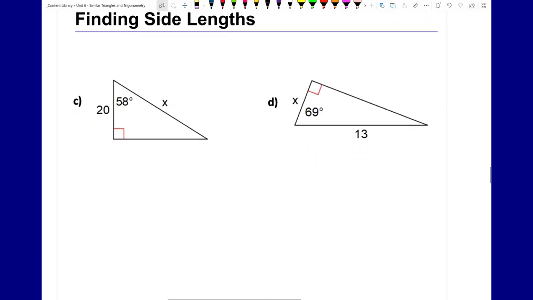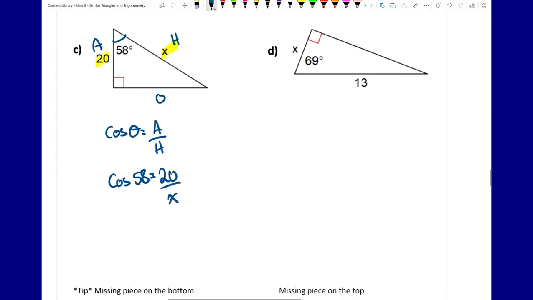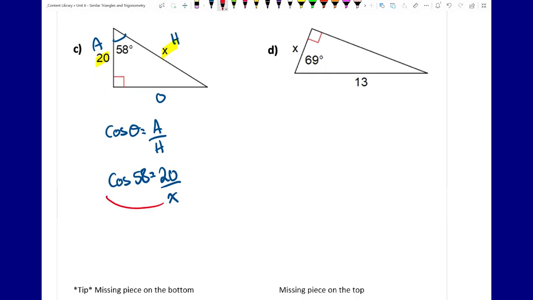Two more examples. Again, label our sides first. Opposite, hypotenuse, adjacent. Even if we don't have anything there, it is still a good habit to go through and label those sides. So the only two sides that we're dealing with are A and H. So again, cosine theta equals A over H. Cosine of 58 is equal to 20 over X. Similar to the previous ones, when the missing piece is on the bottom, we switch and divide.